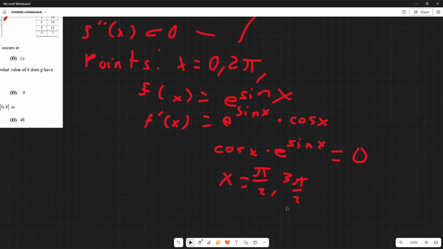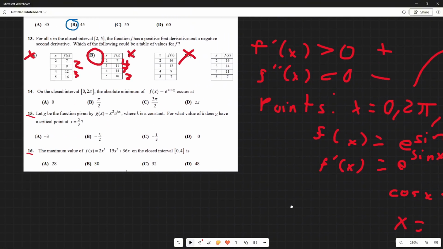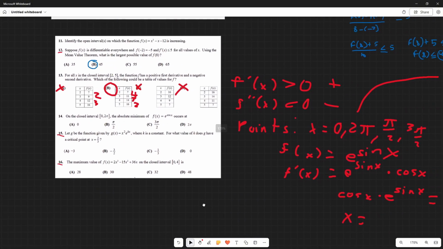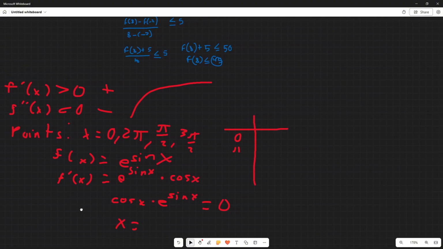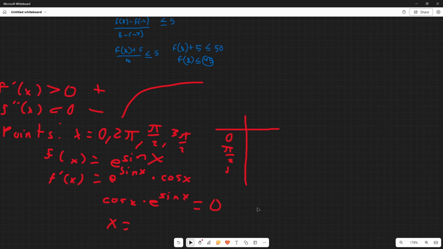Bring these over. Boom. This is our list. Now let's plug all these in, right? So let's make a table. 0, pi over 2, pi, 3 pi over 2. Wait, no. Pi is definitely not one of them, right? Yeah, it ain't one of them.